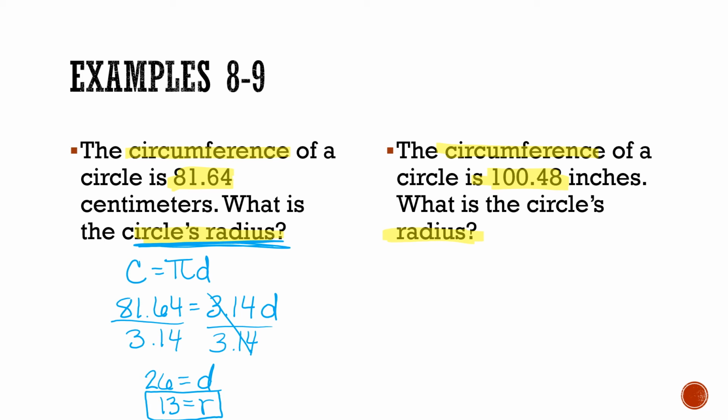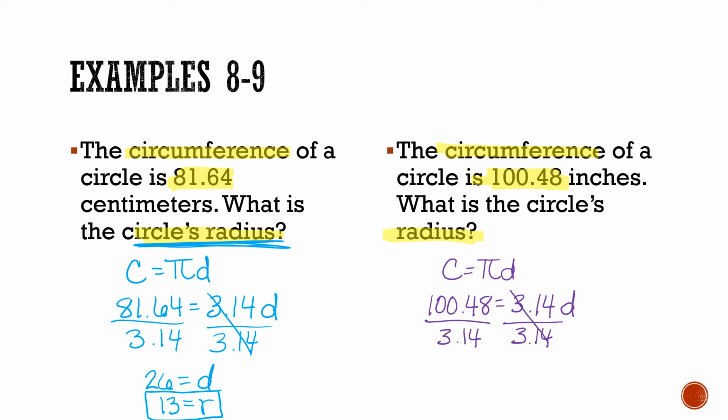In number 9, it's telling us our circumference is 100.48. So we're going to use our C equals pi D again. So our circumference is 100.48. Pi is 3.14 times D. So to get our diameter by itself, we're going to divide by 3.14 on both sides of the equation.